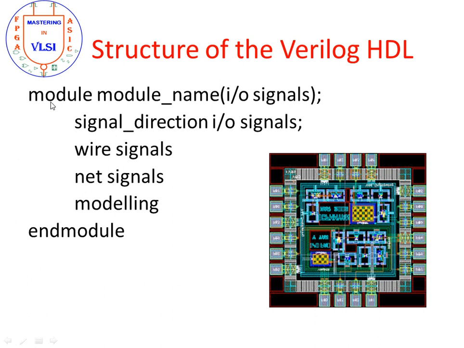These two come first. The first line is the module name, that is the syntax. In brackets we have to specify the IO signals. The IO signal direction we can specify in the next line. And wire, net modeling, these things we have to take care of, and end with endmodule.